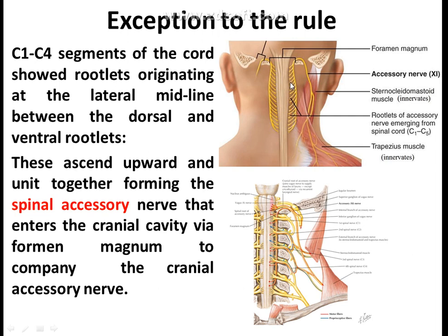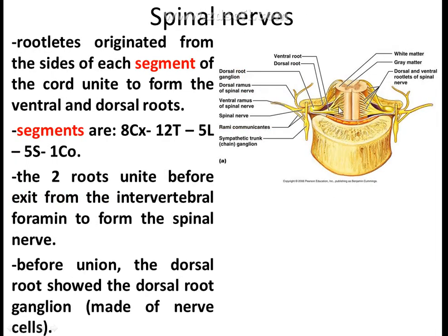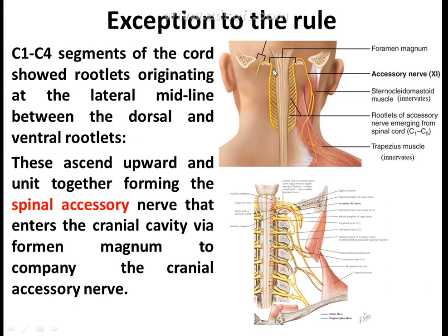There is an exception to the rule of ventral rootlets and dorsal rootlets originating from the sides of the spinal cord. This exception is seen in the cervical segments of the spinal cord from C1, the first cervical, to C4, the fourth cervical.